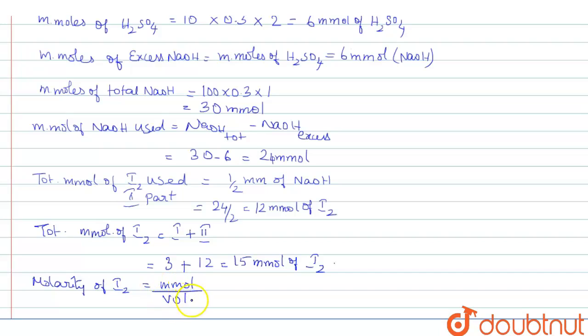Everything is in milliliters, so 15 divided by 50 ml gives 0.3 molar. So finally we have calculated the concentration of I2 as 0.3 molar.